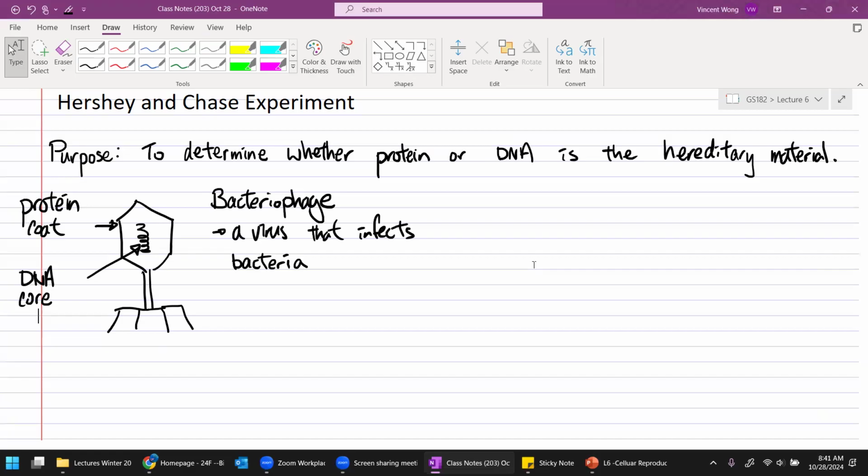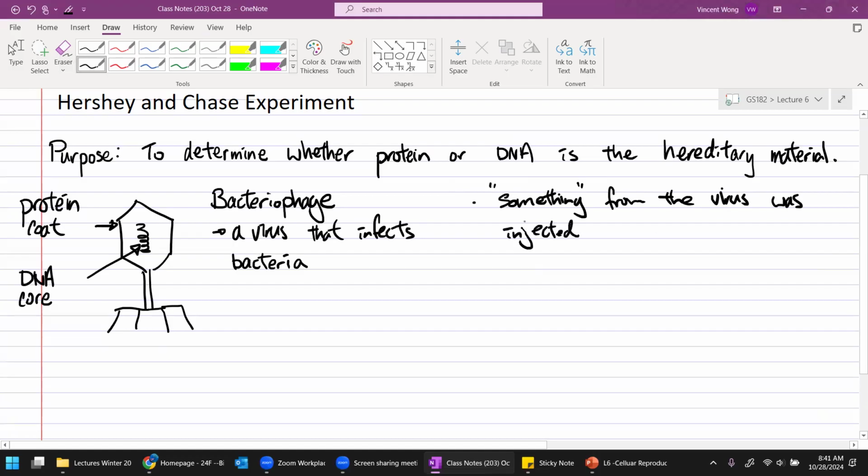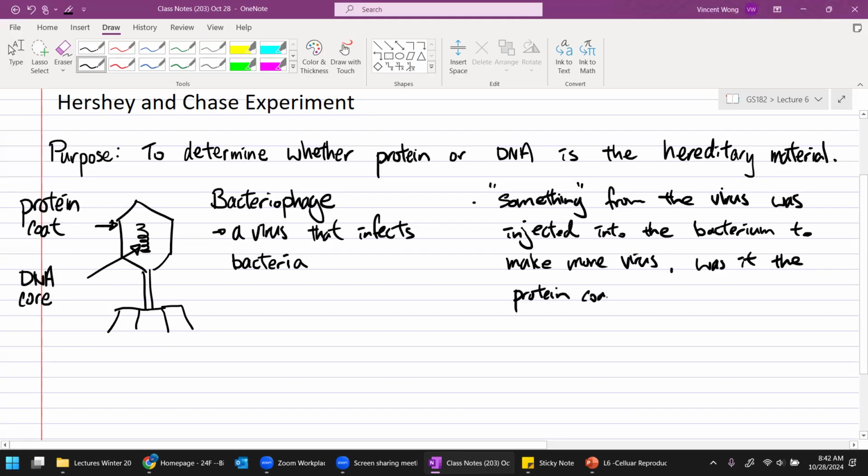So this experiment is going to answer that question, because whatever was injected into bacteria would be the molecule for heredity, because that's the stuff that the virus used to make more viruses, right? You guys understand that? So they know something was injected. They just don't know what it was. Okay? So the protein coat is on the outside of the virus, and it's basically packaging some DNA on the inside. So something from the virus was injected. So that's what they are trying to figure out.